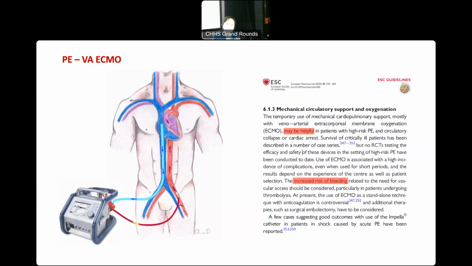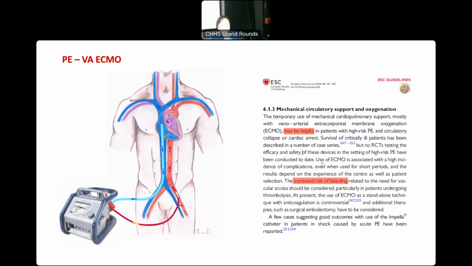Using this pump function, we pump the blood back to the arterial system as a surrogate for your heart to provide perfusion to the rest of the body. So it's a temporary extracorporeal life support while we're waiting for your heart to recover. This is called VA ECMO.